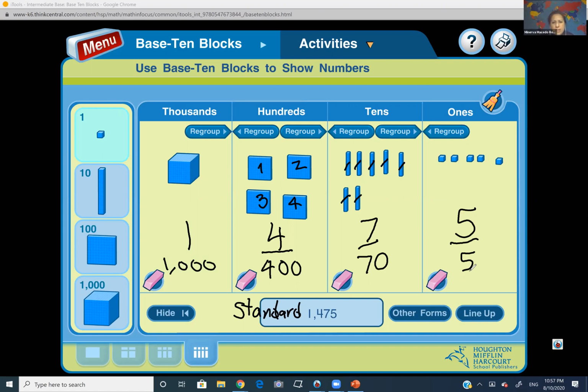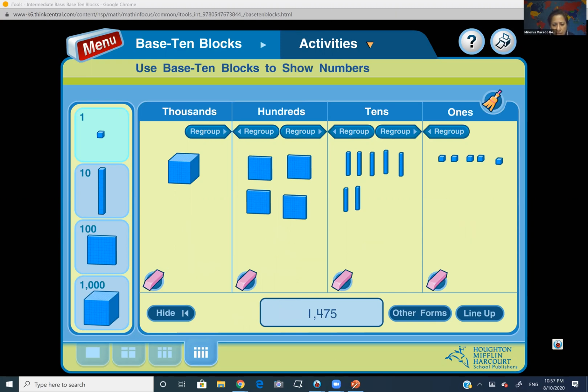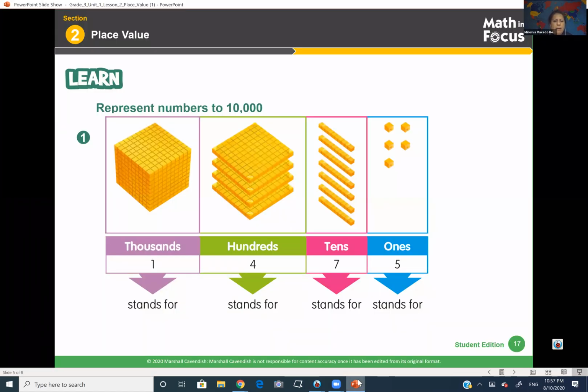So let's check on that again, and let's go back to another page to see in more detail what we're doing. So we have the same number here, which is again 1,000. So 1,000 stands for 1,000. Now we're showing here the different values, right?